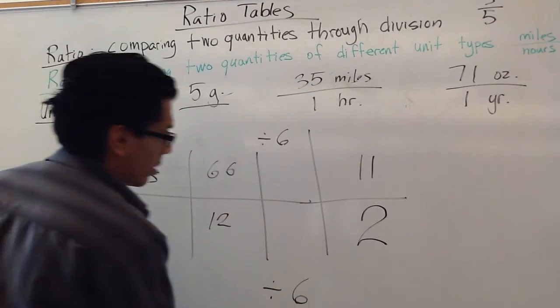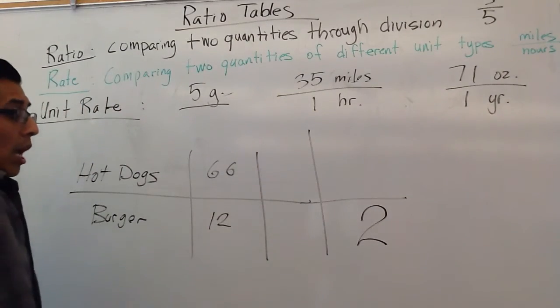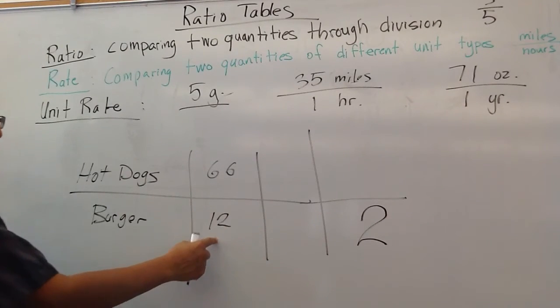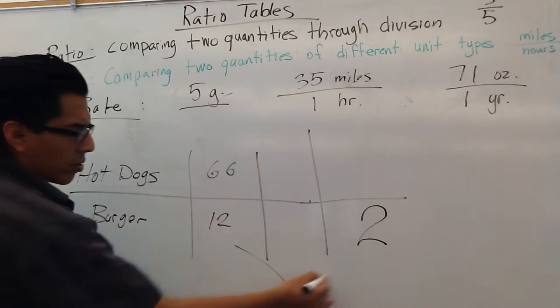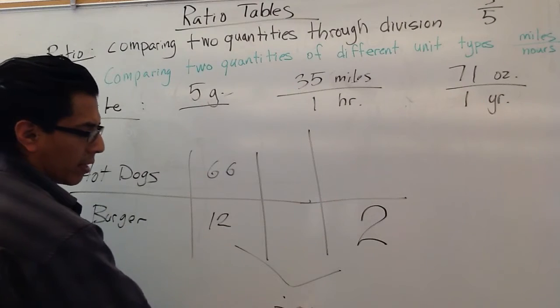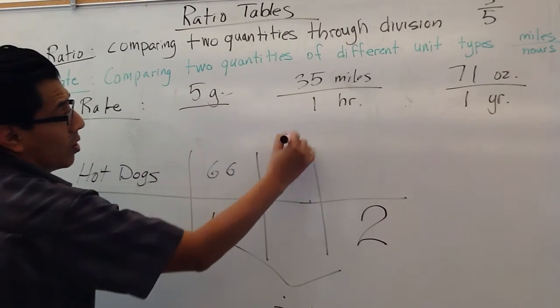I made a silly mistake. Sorry about that. It's still true. What's silly is I made a dumb mistake. If I have 66 hot dogs and 12 burgers, then how many hot dogs would I have if I had 2 burgers? Well, the question is, what did I divide by to get there? If I'm decreasing, I'm dividing. So I divide by 6. Whatever I do to this part of my ratio, I must do to this.